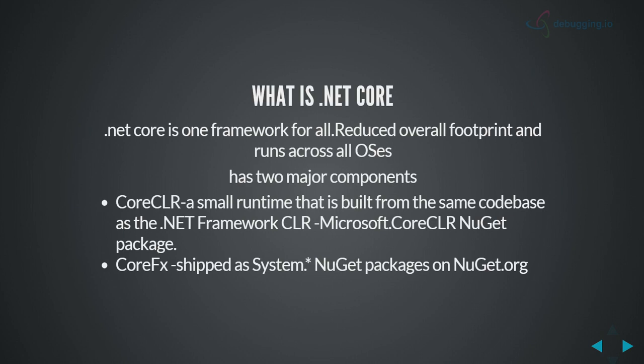So this is not something which is very new. It's built from that code base, and you can install the .NET Core CLR using a NuGet package. NuGet is a package management system for the .NET ecosystem. There are thousands of libraries available, and the .NET Framework itself you can just install using a NuGet package.